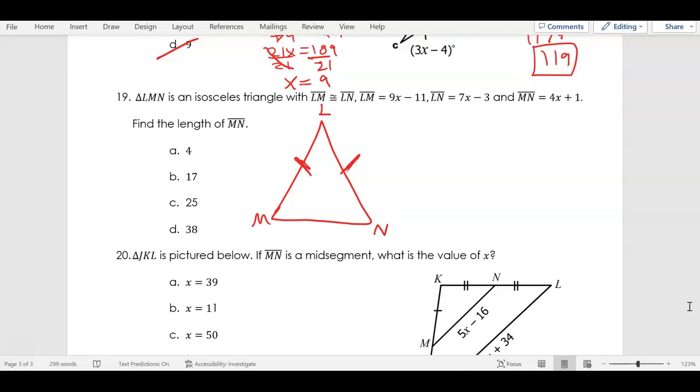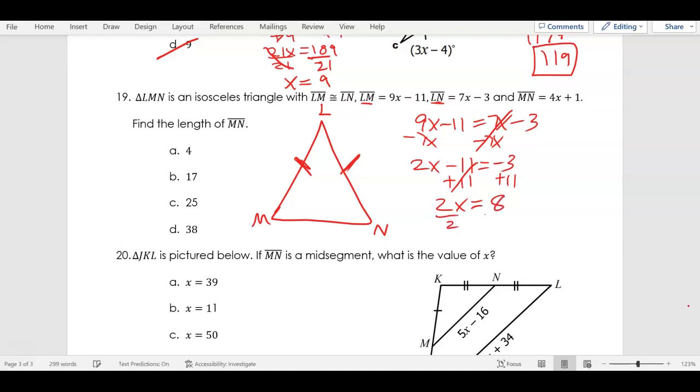And so if we know that, then we can set LM equal to LN. 9x minus 11 equals 7x minus 3. Get rid of the smaller x. 2x minus 11 equals negative 3. Get rid of the loner by adding 11 to both sides to get 8, and then divide by 2 to get 4.